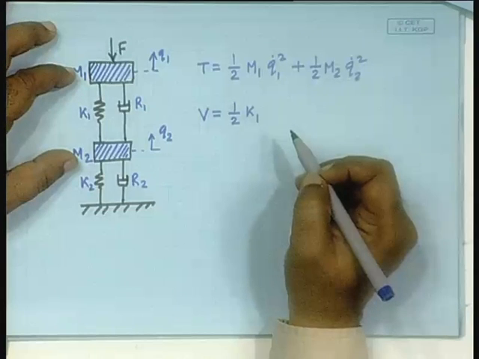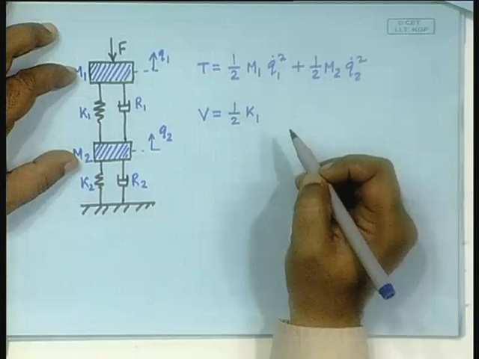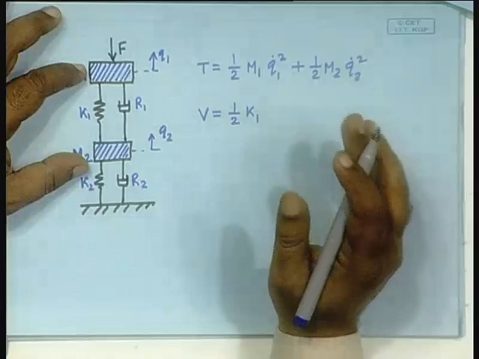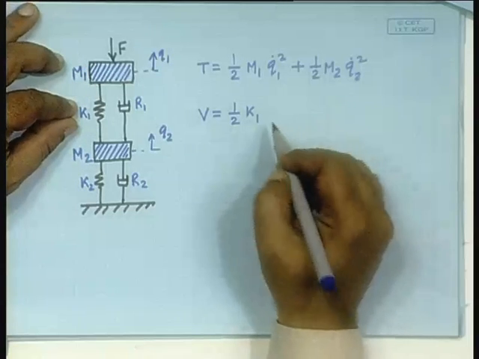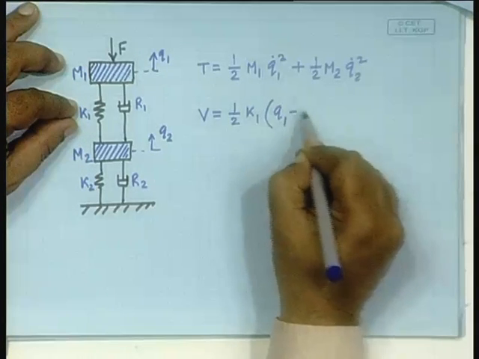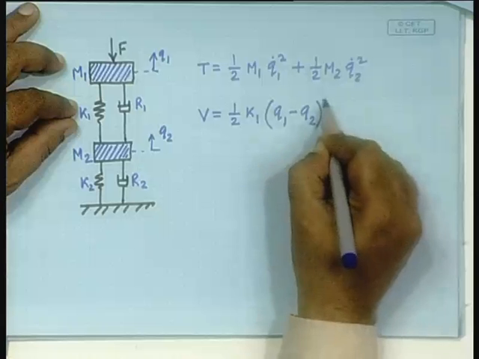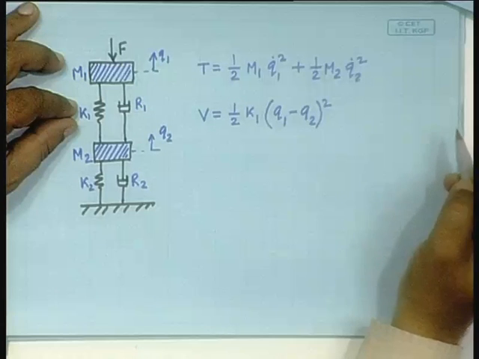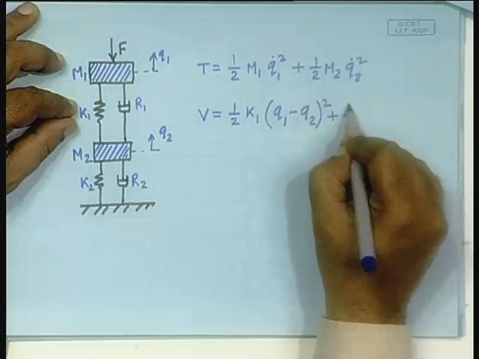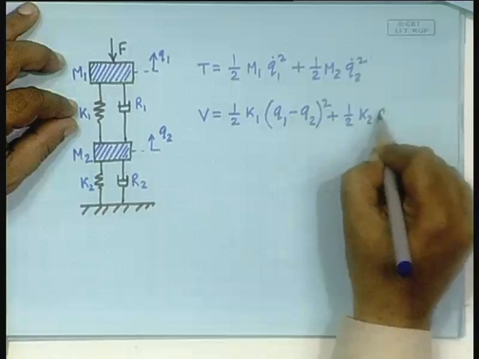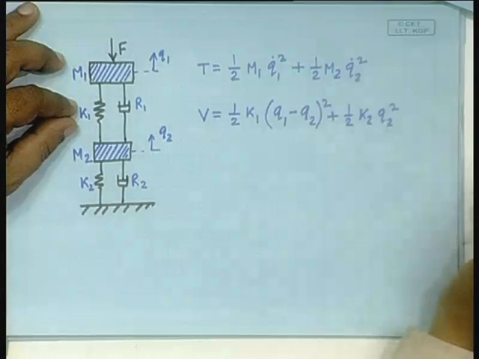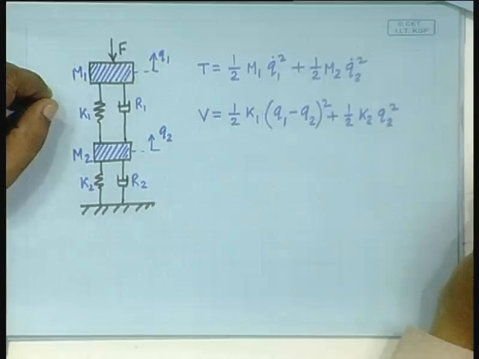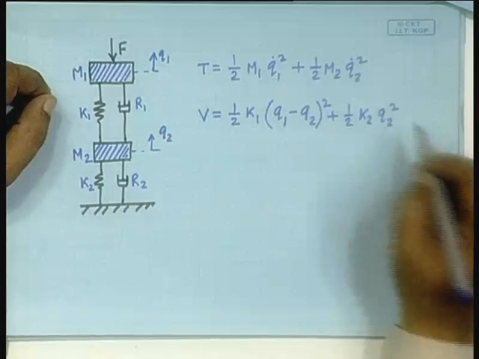No, q1 minus q2, right? q1 minus q2 is the amount of displacement experienced by the spring. So, half k1 (q1 minus q2) square plus, yes, half k2 q2 square. Yes.